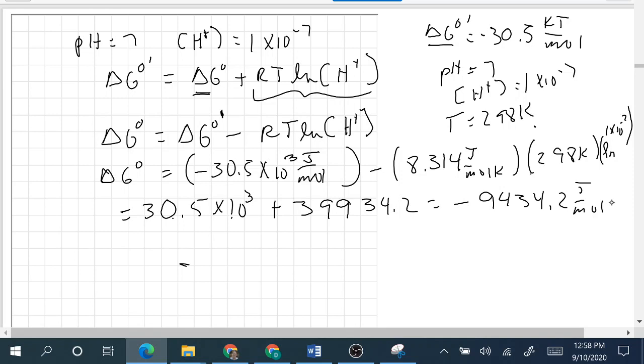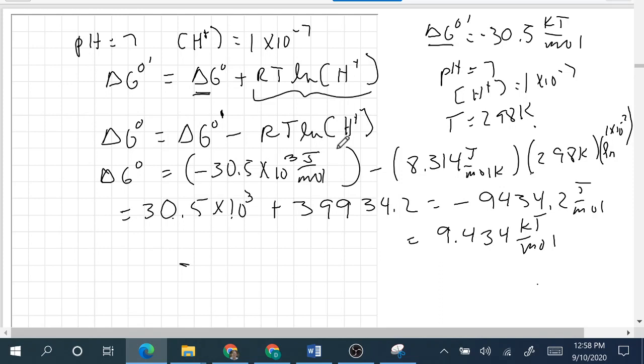And that's going to be equal to negative 9.434 kilojoules per mole.